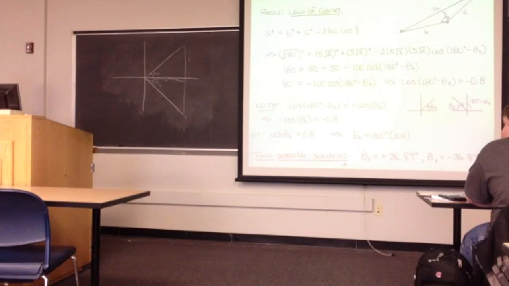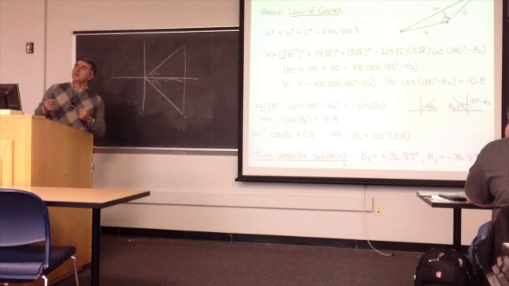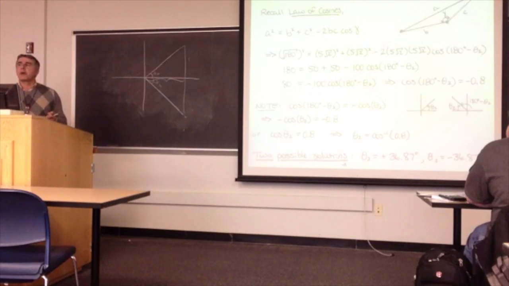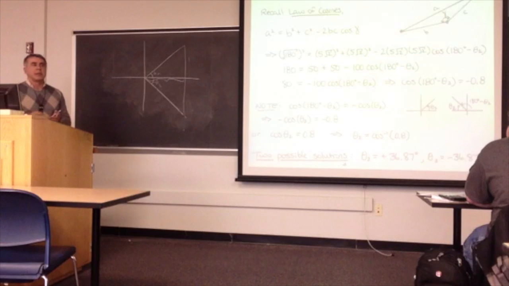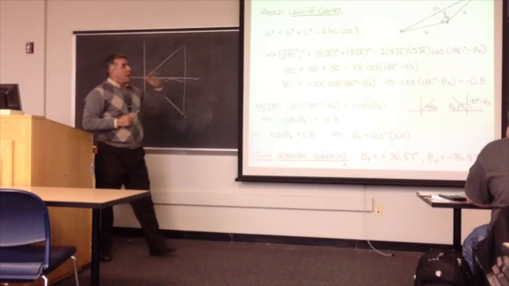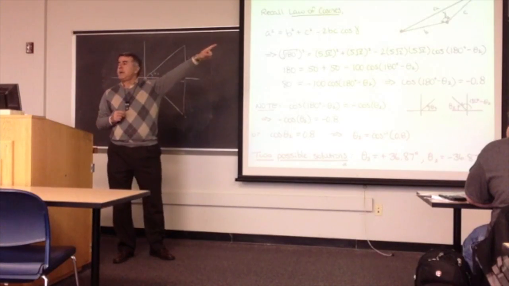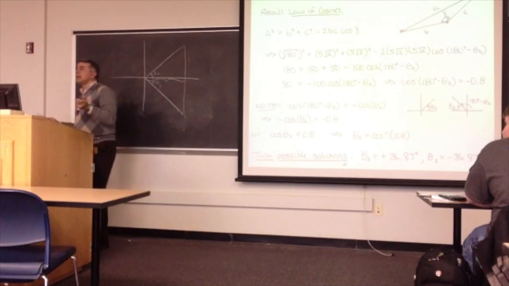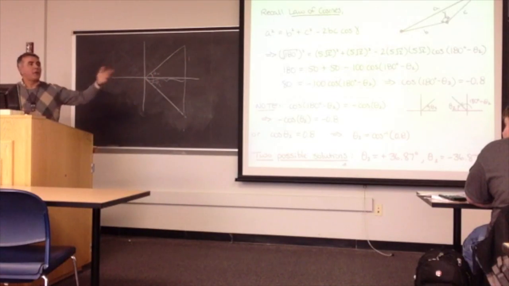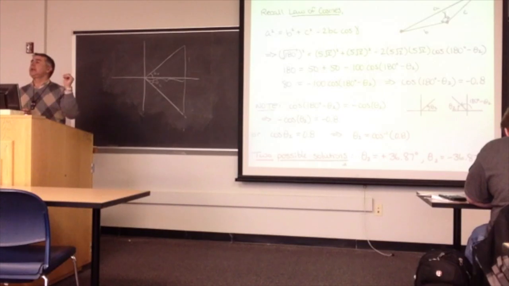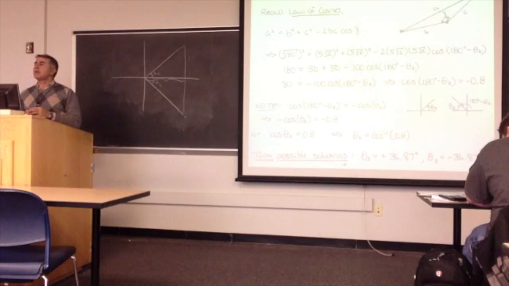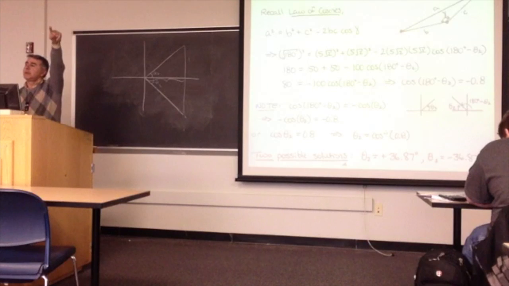Well, that's the next thing we want to see. Why are there two answers? So let's go back to your original problem. The original problem was that you know where your robot wants to be, you know the length of your links, and therefore you want to see what angles you should give in order to get you to that position.